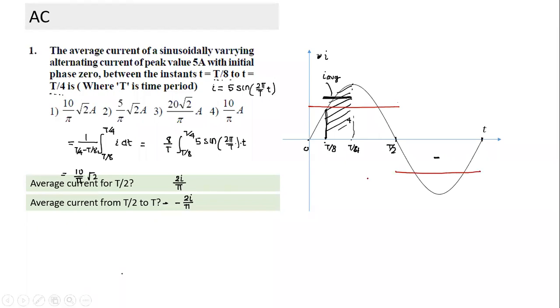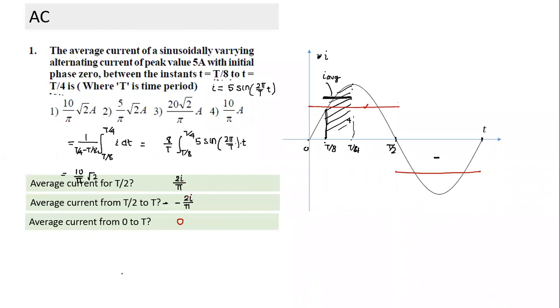Now, if I extend this question further, what is the average current 0 to t? Those time intervals are equal and values are equal in magnitude, opposite in direction. So when I take the average of these two quantities, this becomes equal to 0, because both have an equal time interval.